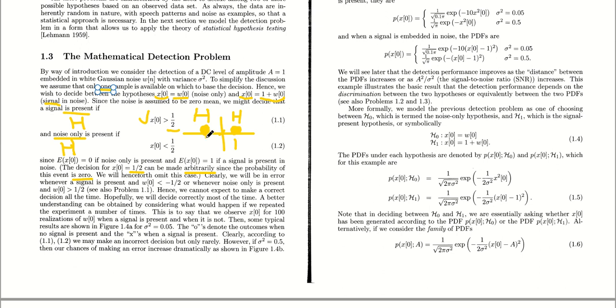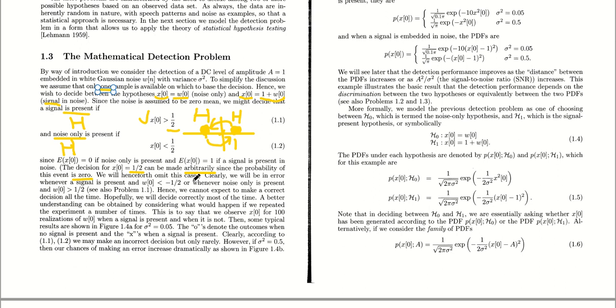If the hypothesis is noise only, for example, and you have a noise that is large, then it goes to another area. You mistake this hypothesis for this hypothesis. That's one type of error. The other type of error is if this is the hypothesis and the noise is too small, then it goes to another hypothesis, and you make a mistake because your decision is this hypothesis.